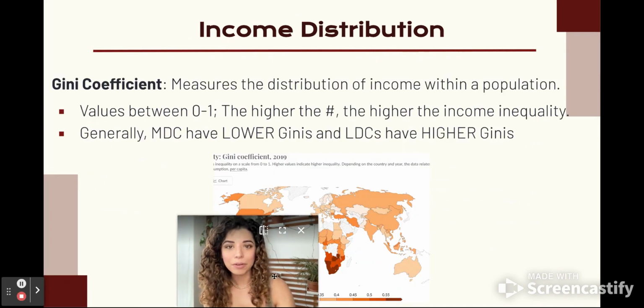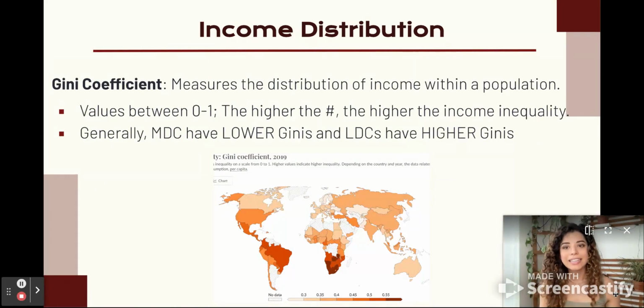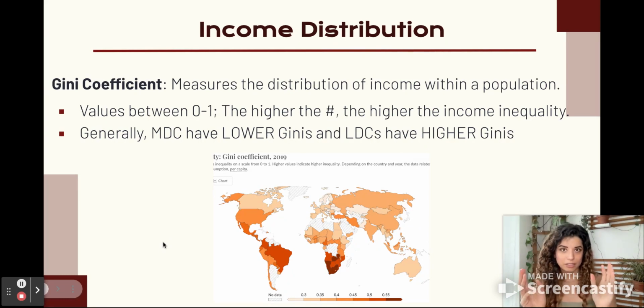So moving on to income distribution, the Gini coefficient. This is the measurement of the distribution of income within a population. It is measured on a scale from 0 to 1. The higher the number, the closer it is to 1, the higher the income inequality. So more developed countries tend to have lower Gini coefficients.